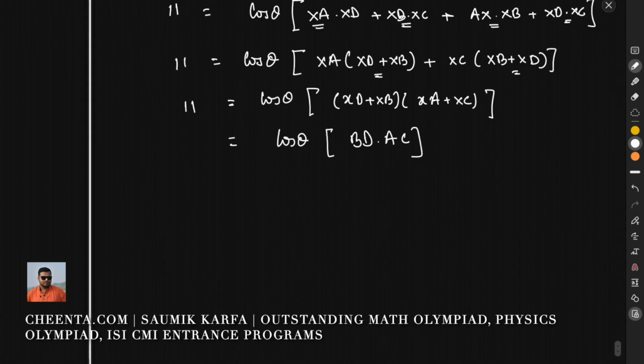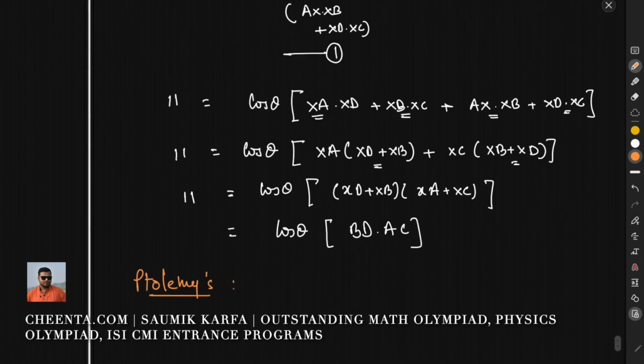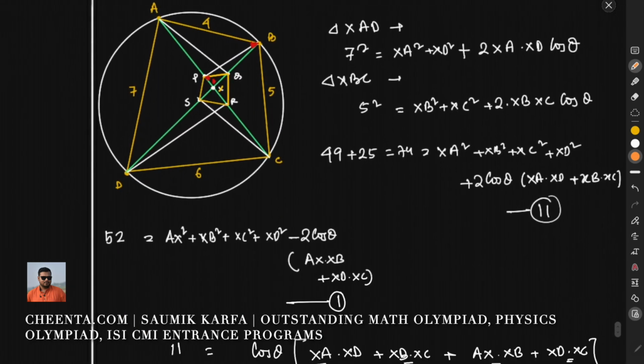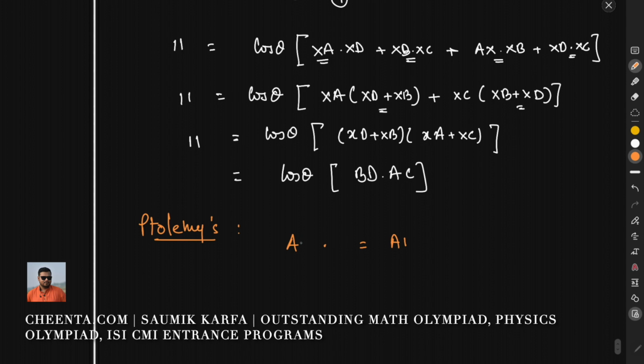So now here comes Ptolemy's theorem. Ptolemy said that if you have a cyclic quadrilateral where you know the side lengths, let's say for our example ABCD is a cyclic quadrilateral, then we want to find AC times BD, the product of the diagonals, and that would be equal to the product of the opposite sides.